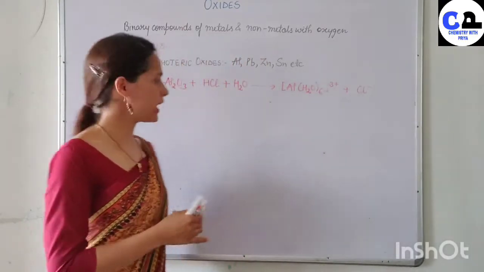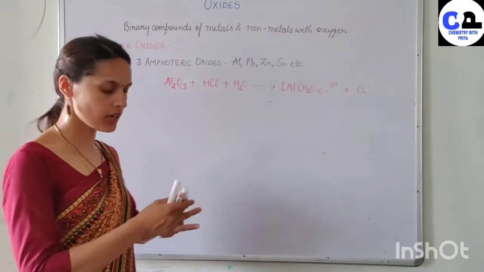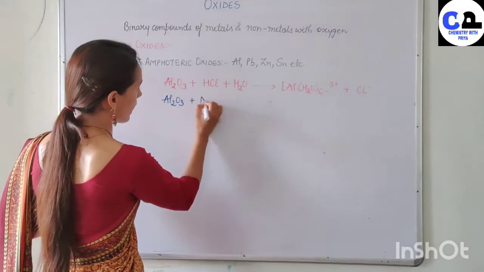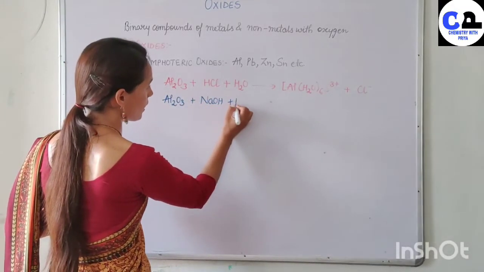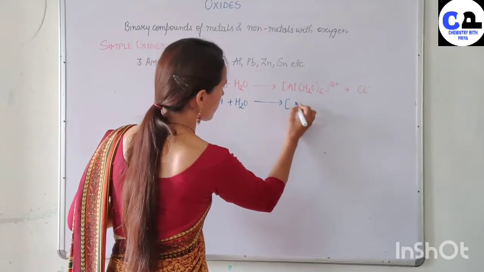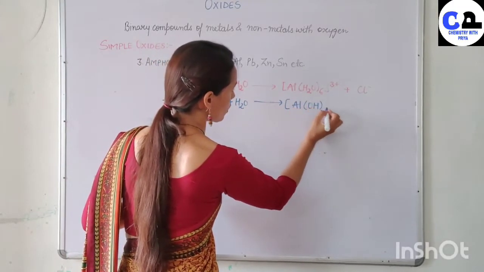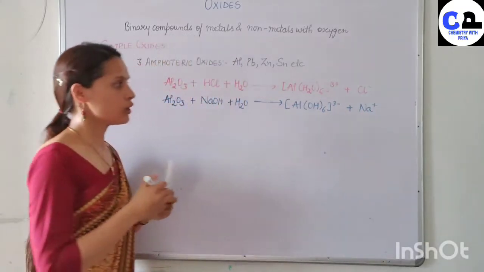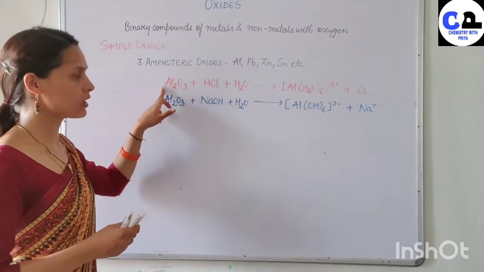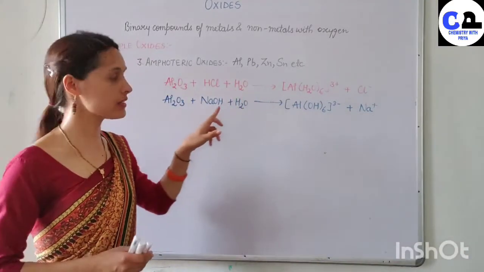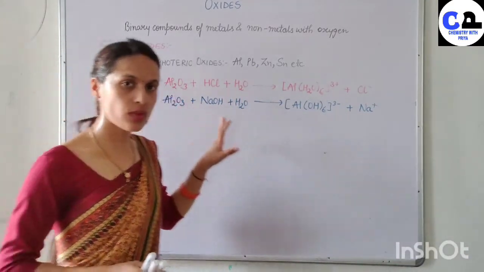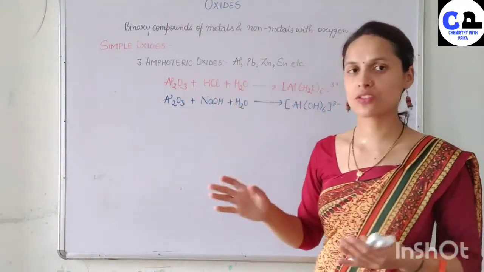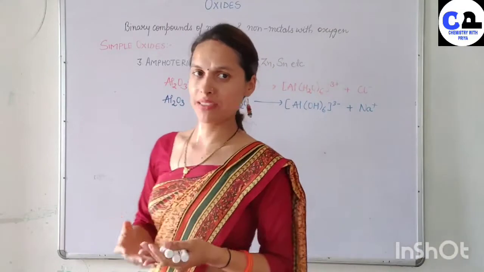So it reacts with the acidic solution, and similarly, if I take NaOH, then it forms [Al(OH)6]3- plus Na+. So it reacts with both acidic solution as well as the basic solution, and that's why these oxides are known as amphoteric oxides, because they react with both acidic as well as the basic solution.